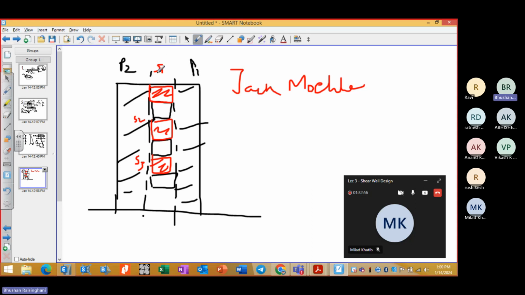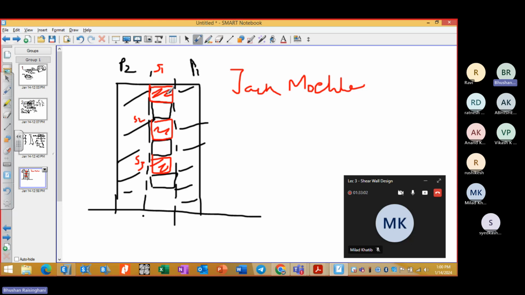So how to differentiate between spandrel and pier? Spandrel is a beam connecting the two shear walls, and it will also act as a coupling beam if the opening is that way. So this will be dominated by shear, and the size has been given in the ACI code, but not in our code, that what is a spandrel and what is a pier.